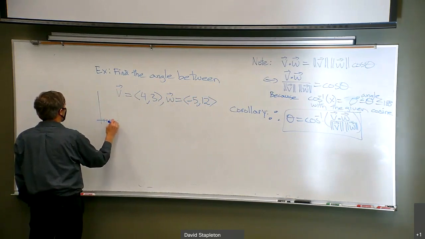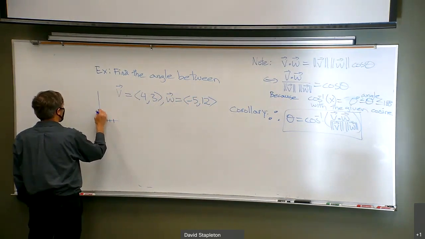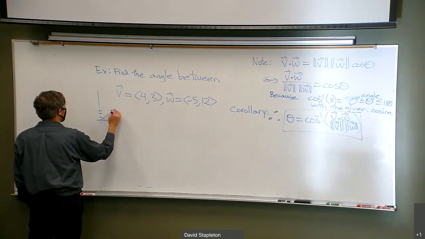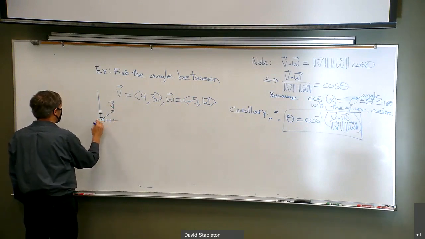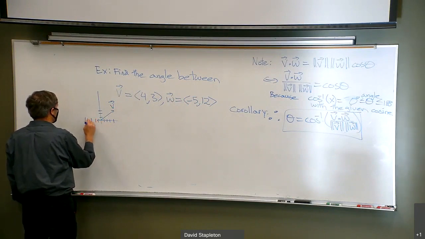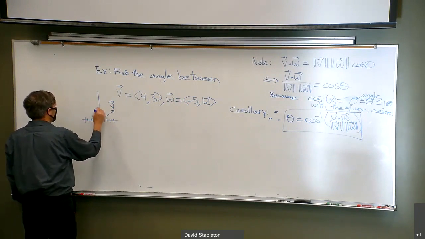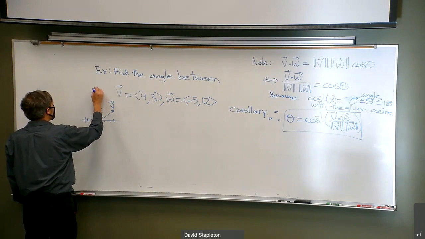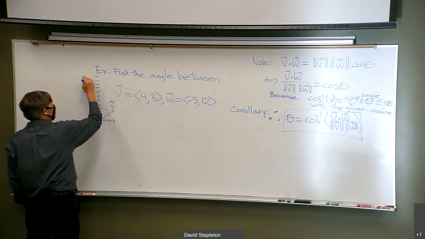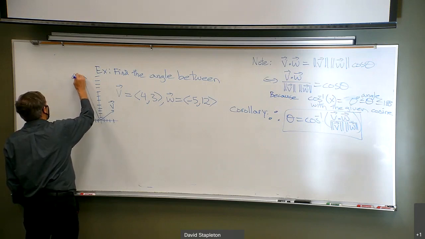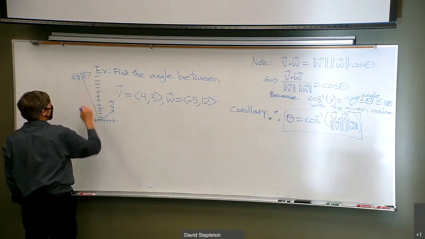So there's this vector V, 4, 3. We'll put it at the origin for convenience. W is minus 5, 12. Well, it's way up here. There's minus 5, 12, the vector to that point.